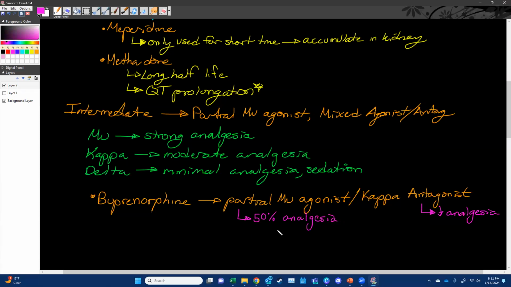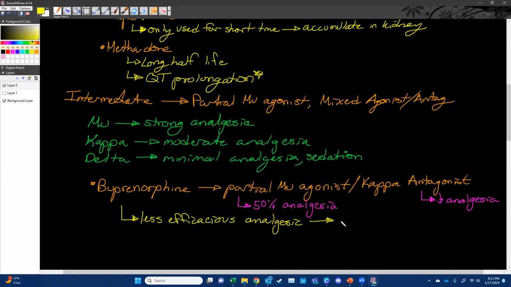So overall, what this means is that buprenorphine is a less efficacious opiate in terms of pain. Where we're going to be using it is mild to moderate pain, instead of severe pain or cancer pain, something like that. And then in a little bit, we'll talk about its role in substance use disorder.